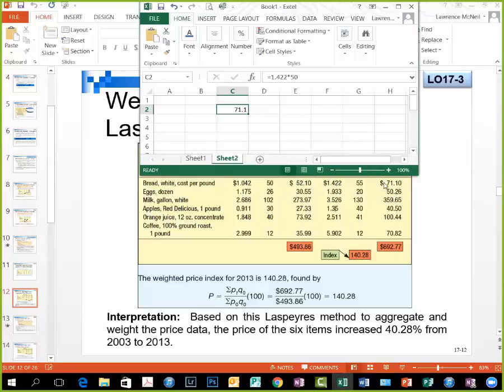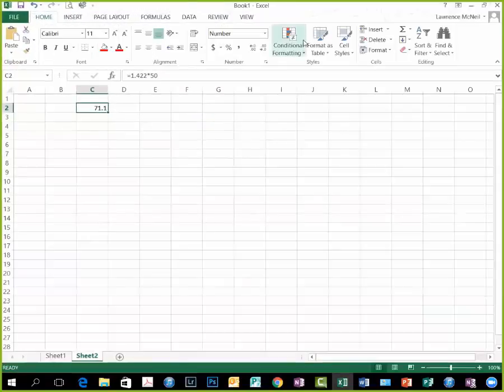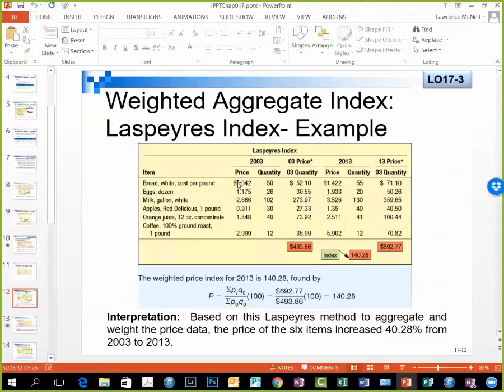So we would take that number and create a column of that number, and we would add that whole column together, and we would get 692.77, which is Pt times Q0 added together. Right there. And then divided by P0 times Q0. And so P0 right here, 1.042 times Q0, 50.